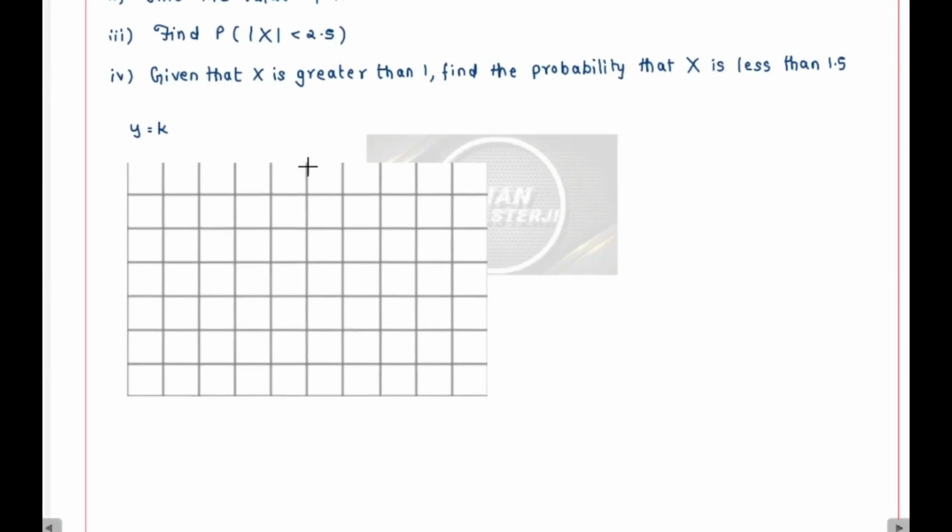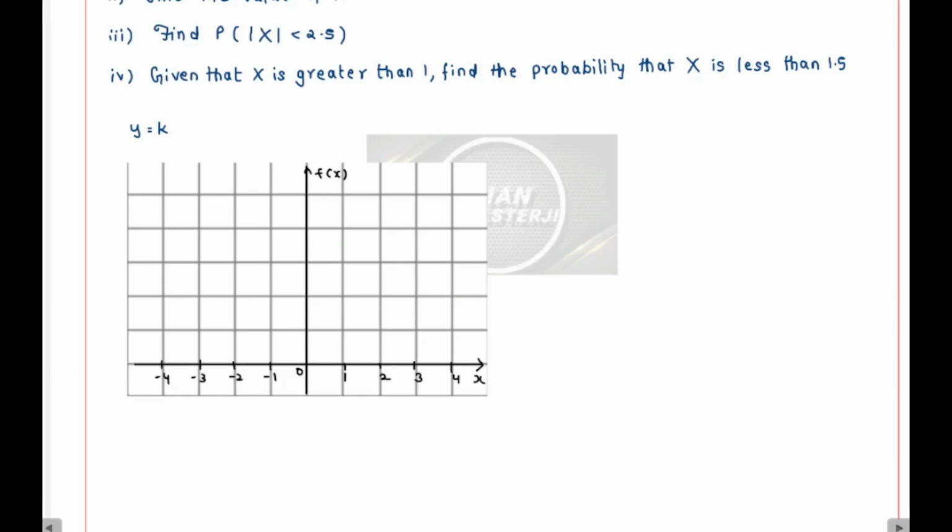Let's try to plot the f of x axis and the x axis. F of x versus x is 0, 1, 2, 3, 4. This is -1, -2, -3, -4, and so on to the left.